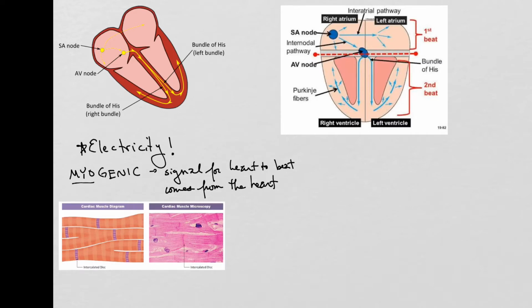Remember that these cardiac muscles are branched so that the signals can travel a little bit faster. And also remember that these muscles are attached by these things called intercalated discs. So these intercalated discs are kind of like little strainers.